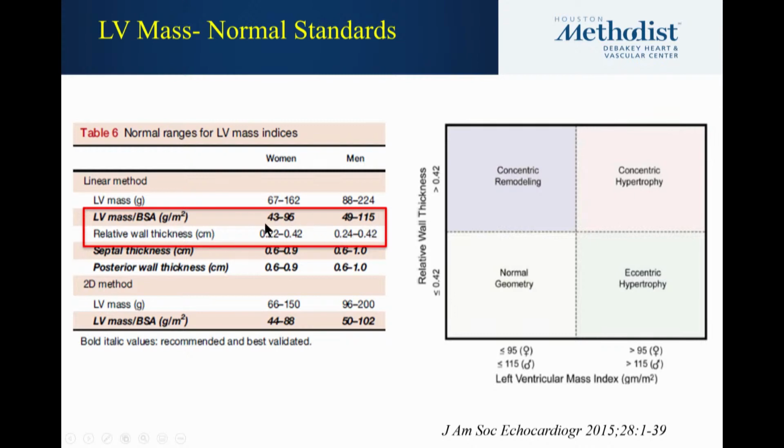And then the relative wall thickness, which is 0.42 for both sexes, so that you can determine if somebody has concentric remodeling, i.e. the relative wall thickness is increased, but the mass is normal. If they have concentric hypertrophy, both are increased; with normal geometry, or eccentric hypertrophy. And nowadays, we routinely put this in our report.